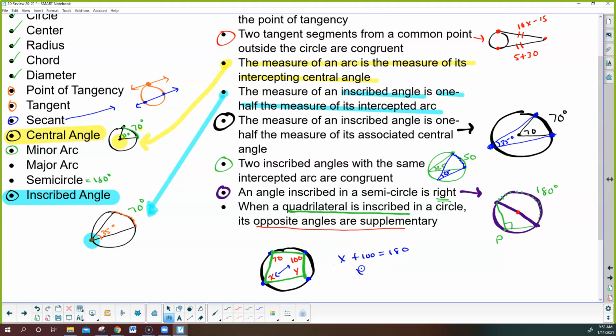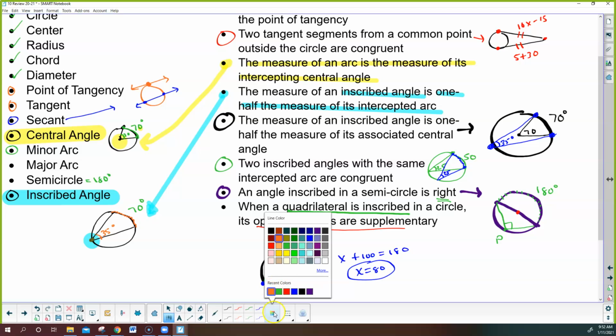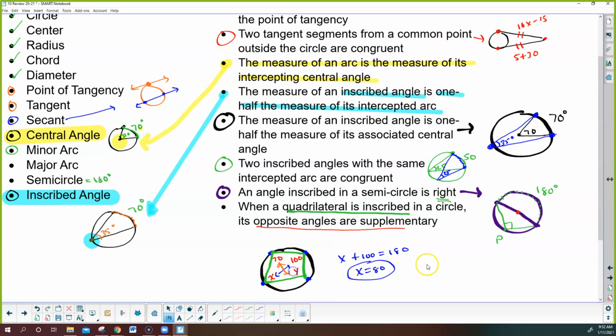So if I move 100 over, I get x equals 80, and we're in a good spot. And then if I do the same thing for y, 70 plus y has to equal 180. And then if I subtract 70, I get 110, and both of those would be degrees.